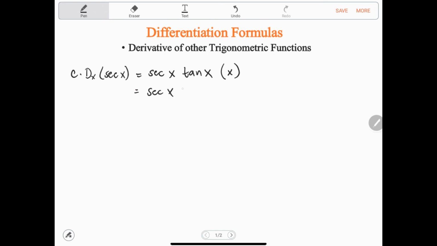So secant x tangent x times the derivative of x, which is equal to 1, which is still the same. So it's going to be secant x tangent x.